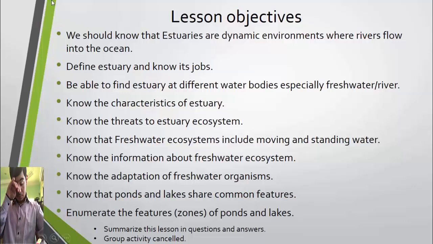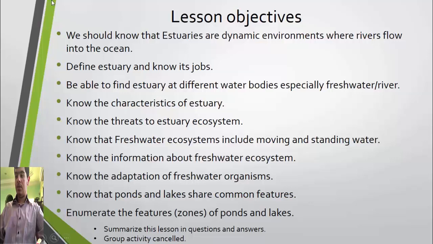We also need to know the characteristics of estuary and the threats to the estuary ecosystem. Know that the freshwater ecosystem includes moving and standing water. That's for the next objective.